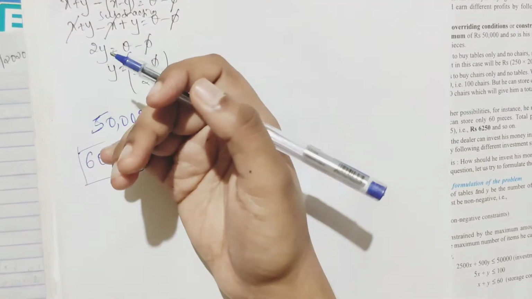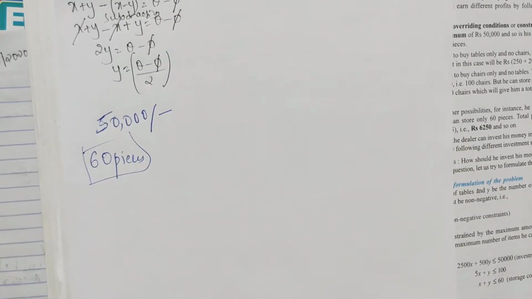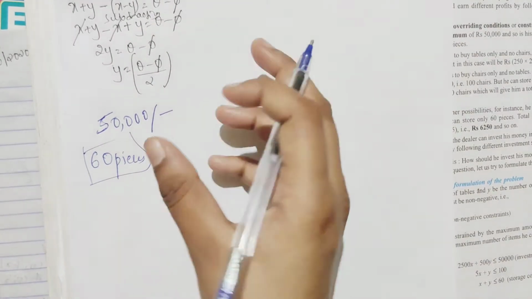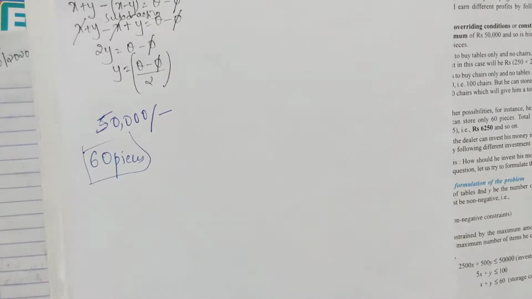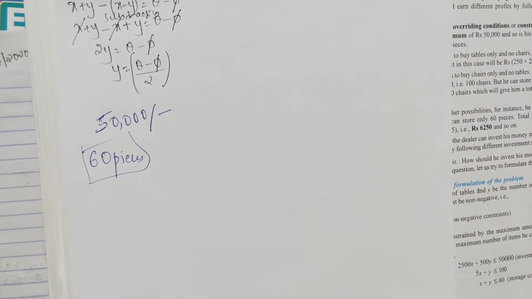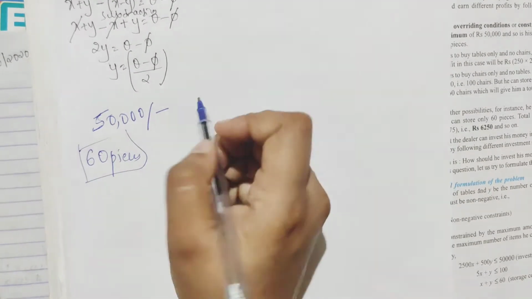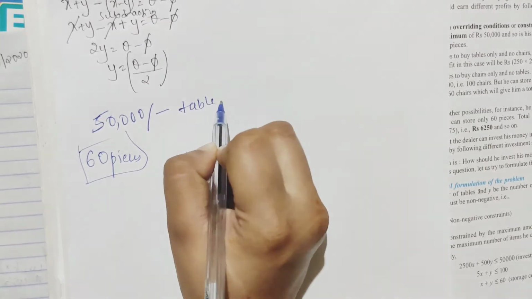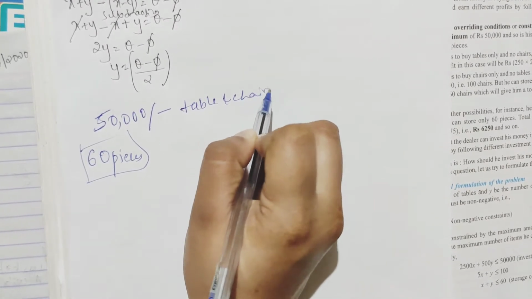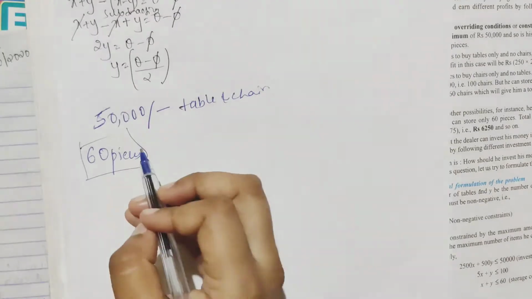If you want to make a profit, you invest some amount, get some items, and sell them for more than you purchased them. The same way he is doing, with only tables and chairs.